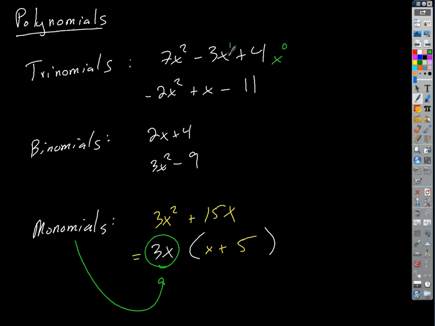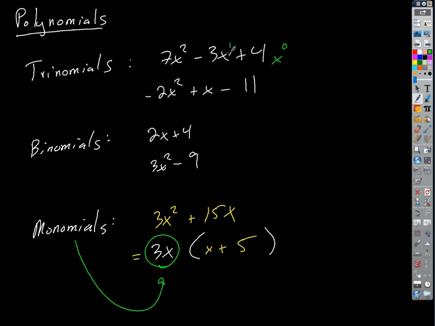Okay? But it's there. If you look at all these terms up here, what do you notice about the exponents? Are there any negative exponents? No. Are there any fractional exponents? No. Are there any irrational exponents, like square roots? No. The exponents are all whole numbers, aren't they? Right?